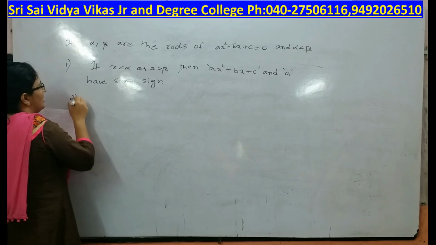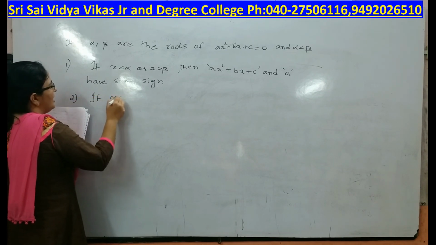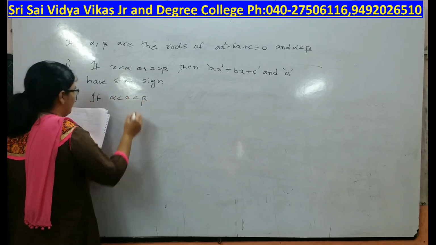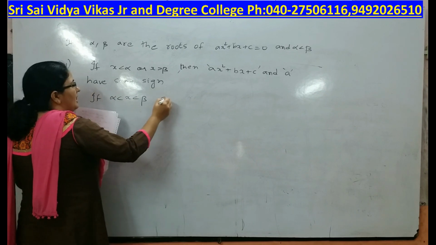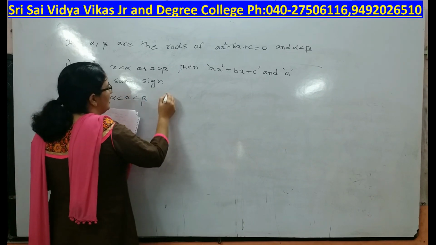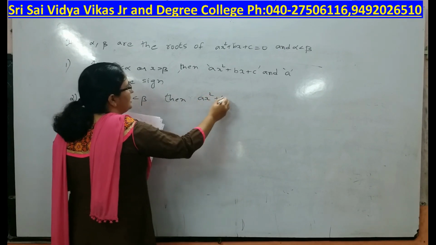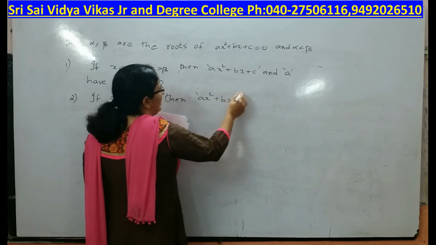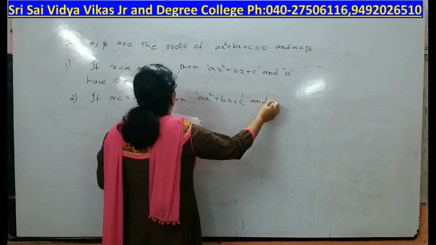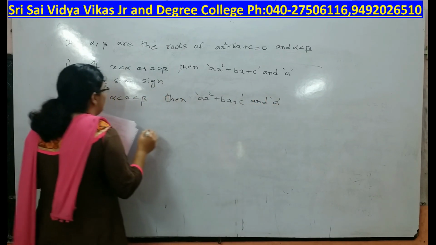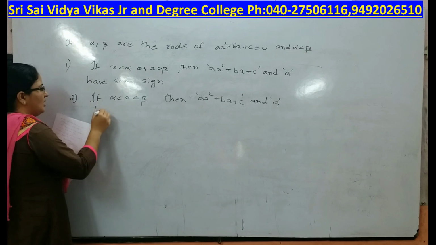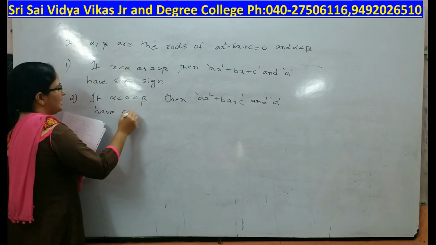Next, if alpha is less than x less than beta, then ax square plus bx plus c and a have opposite sign.